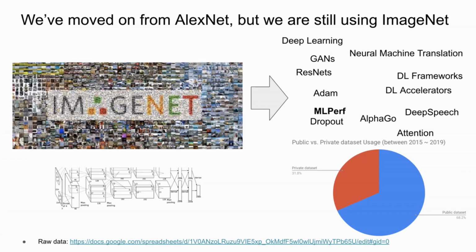But the other important lesson from ImageNet is just how hard it is to create a data set like ImageNet. I think we're still using ImageNet today because creating something that's bigger and better or different and better is a huge effort.